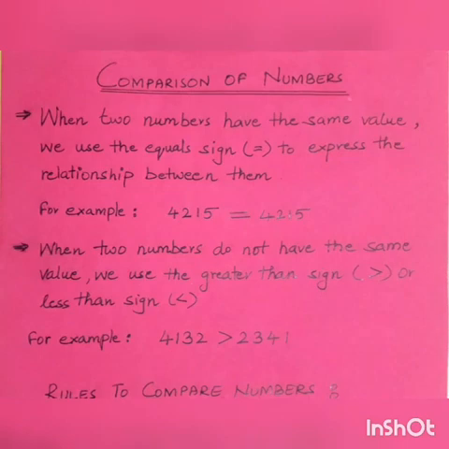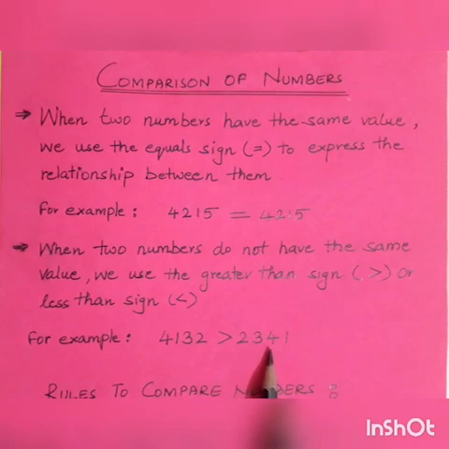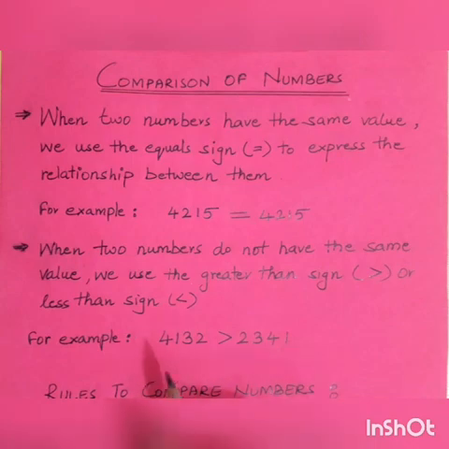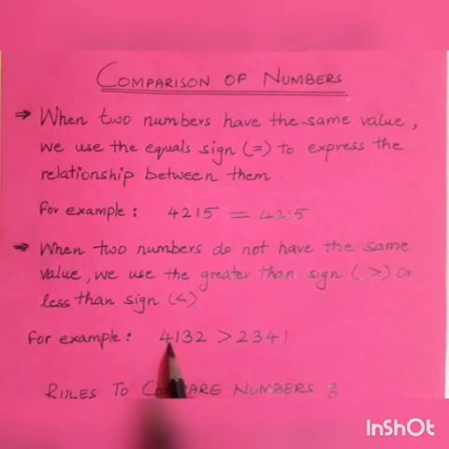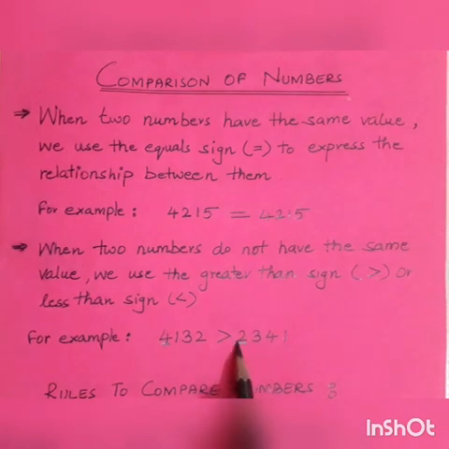For example, here the two given numbers are 4132 and on the other side we have 2341. When we compare the numbers, we will start from the highest place of the number. Here the highest place in both the numbers is thousands.